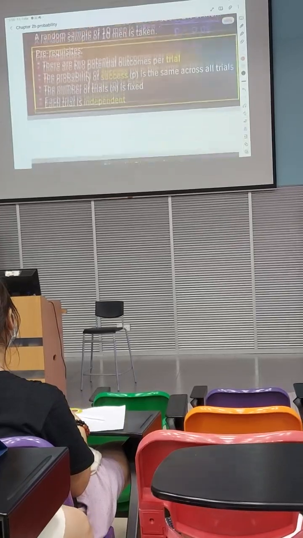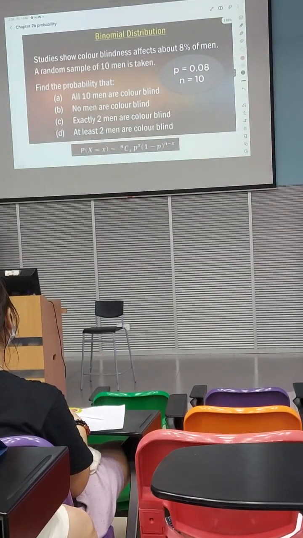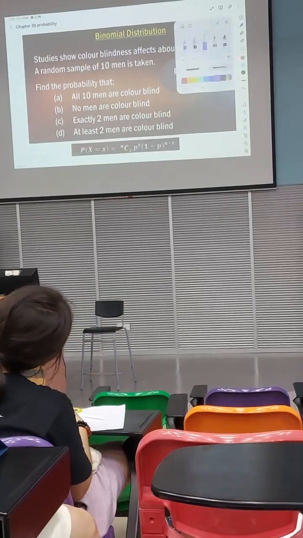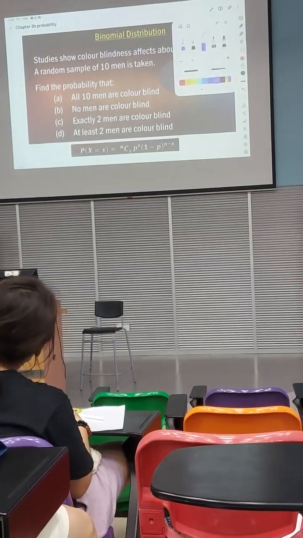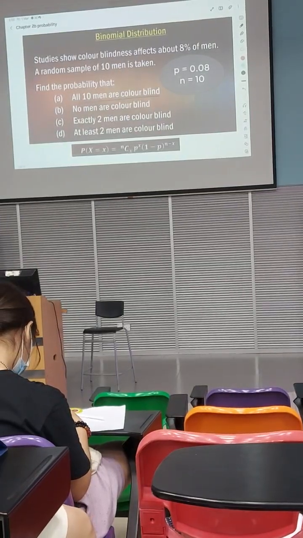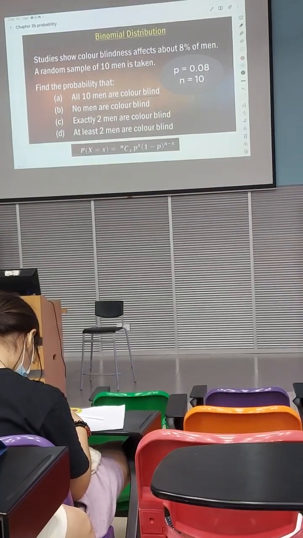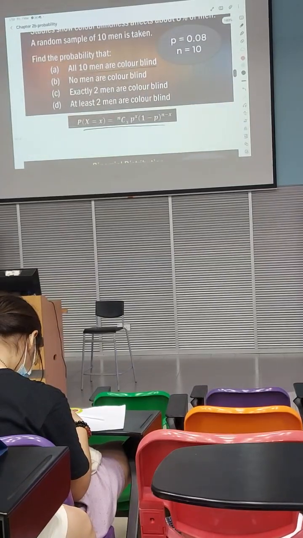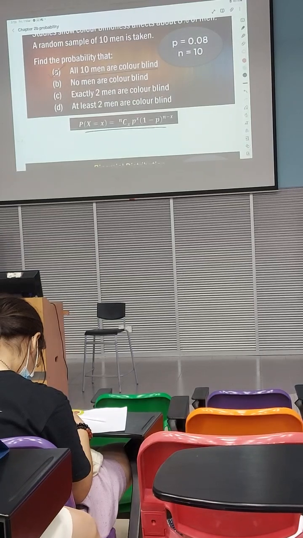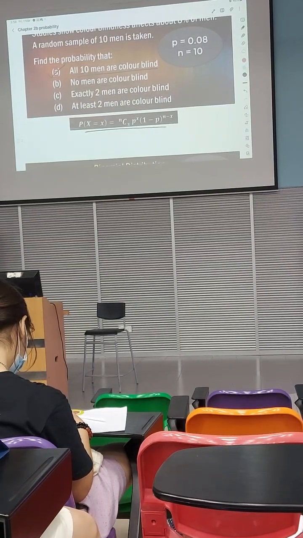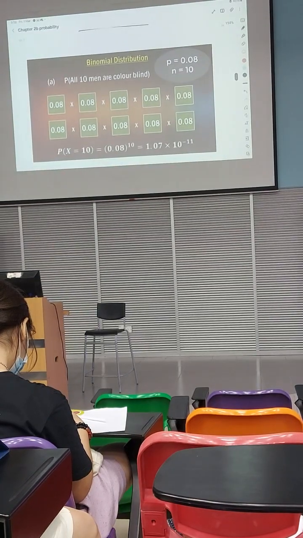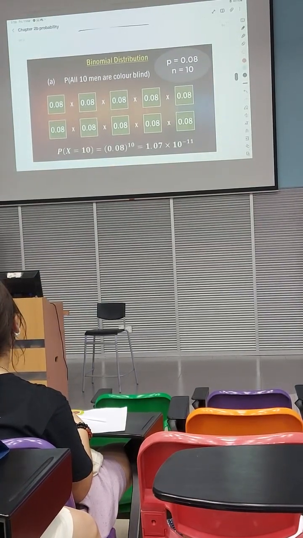Now, by using this information, you are required to find the probability for these criteria: all 10 men are colorblind, no men are colorblind, exactly 2, at least 2, by using this formula. Let's figure them out one by one. We start with A: all 10 men are colorblind. What does this mean? In this figure, we have 10 men only.